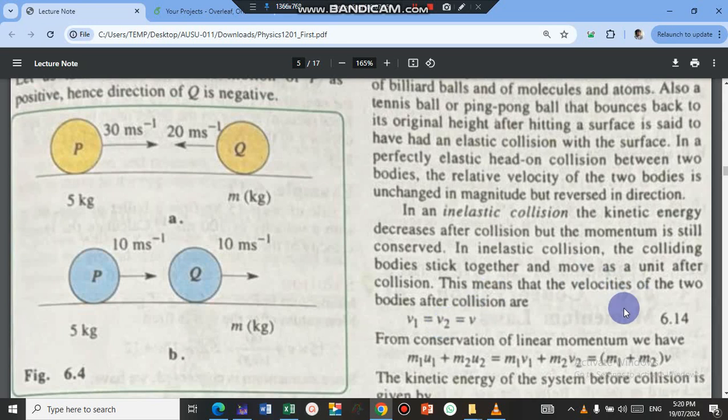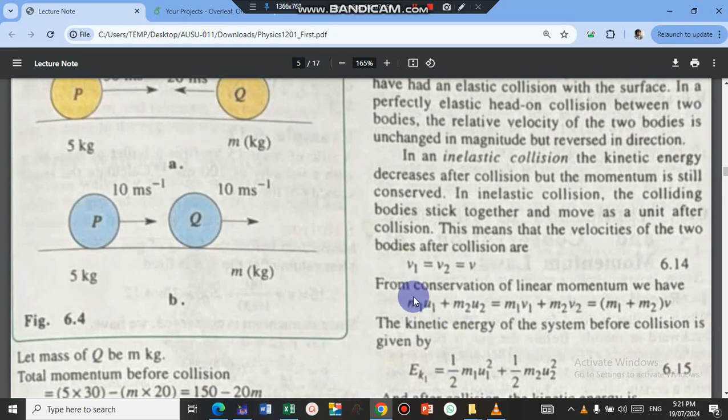So in this case, V1 and V2 are identical and I don't have to write the subscript. I can ignore the subscript and simply use V. Now from conservation of linear momentum, total momentum before collision equals total momentum after collision.